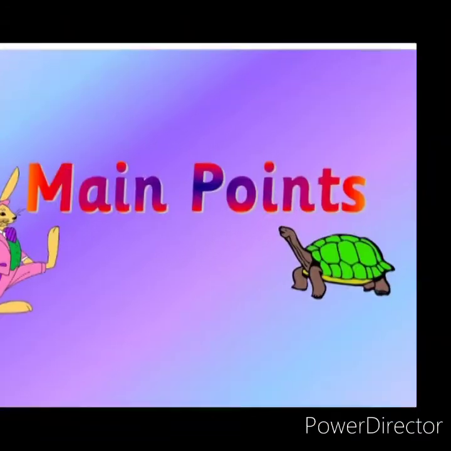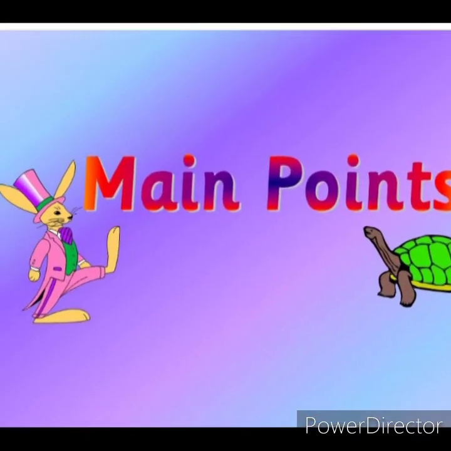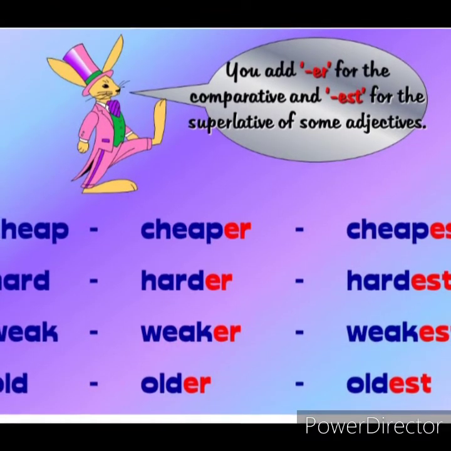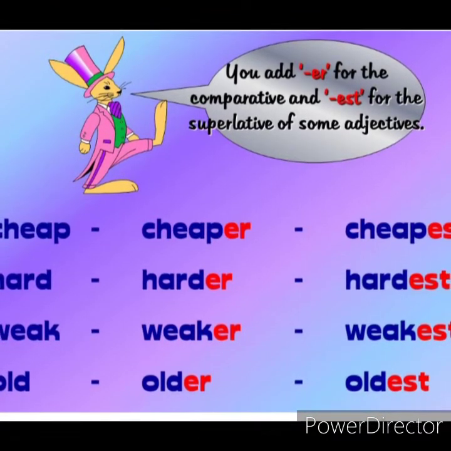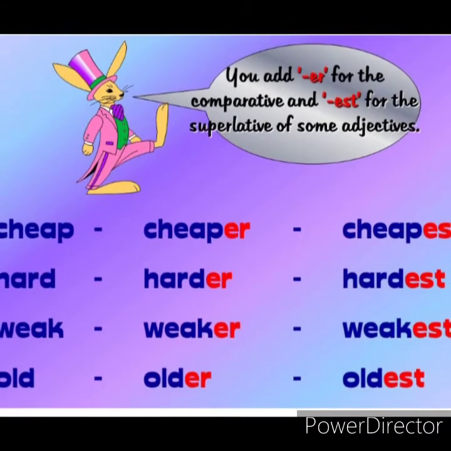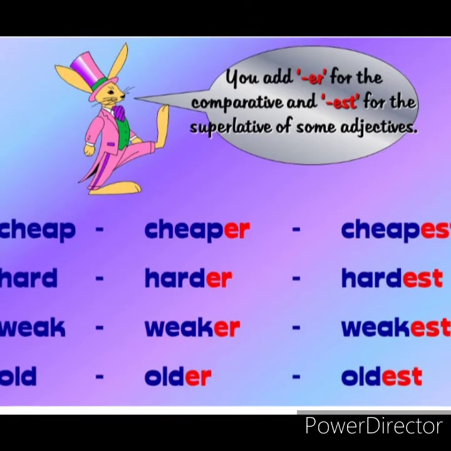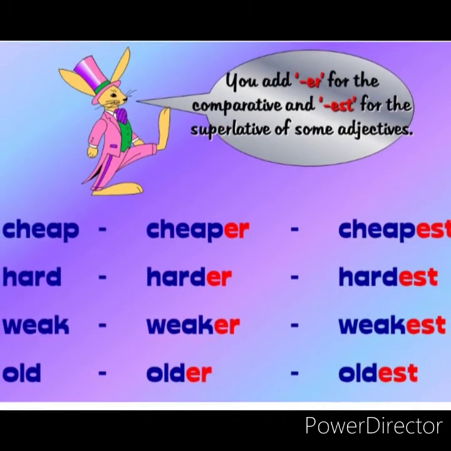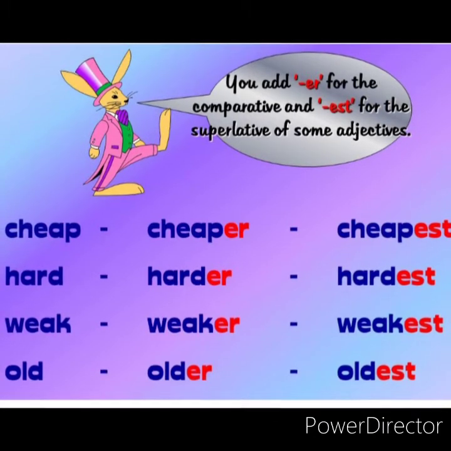Now see the main points. We add ER for the comparative degrees and EST for the superlative degrees. Example: cheap, cheaper, cheapest. Hard, harder, hardest.